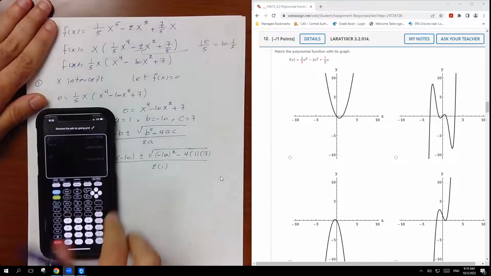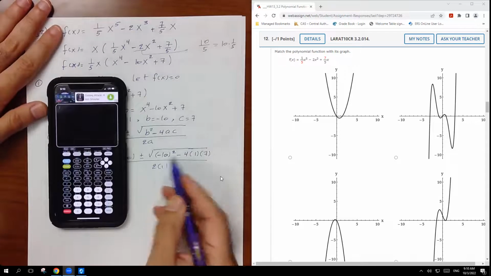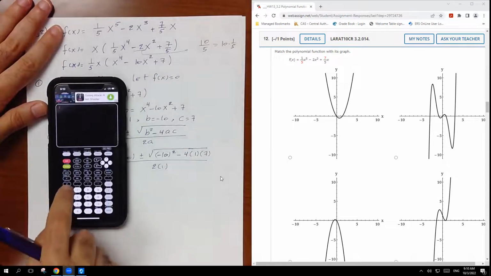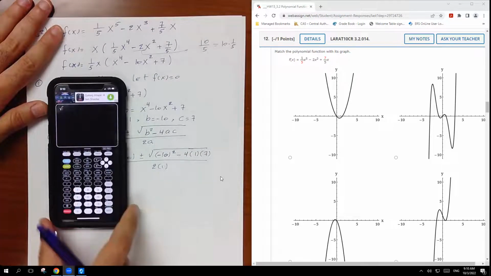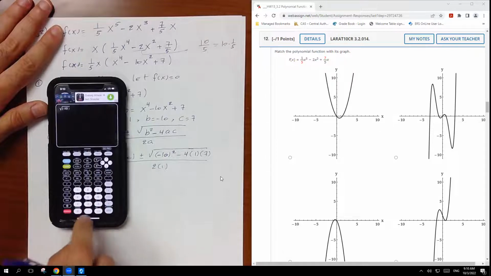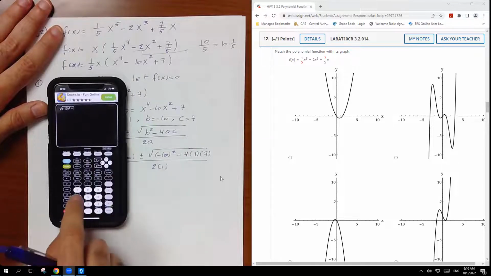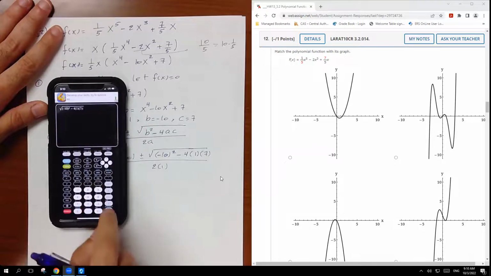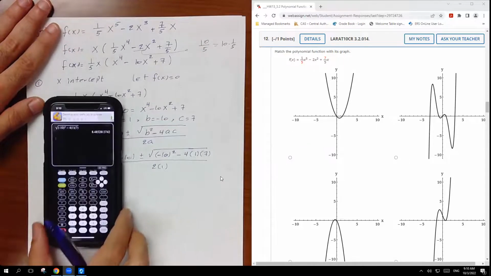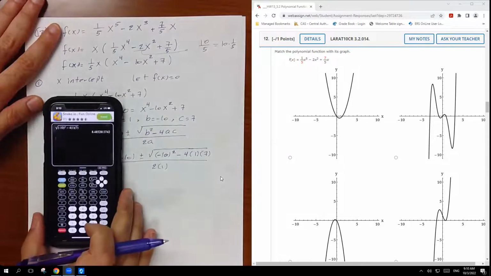So what I'm going to do is plug in everything here: the square root of parentheses negative 10 squared minus 4 times 1 times 7. We're not going to work with this one, but it's okay.